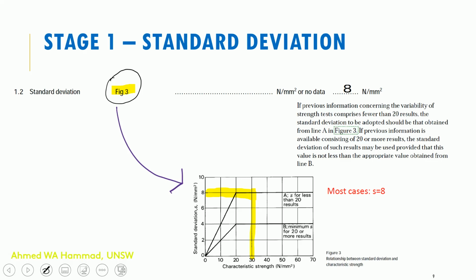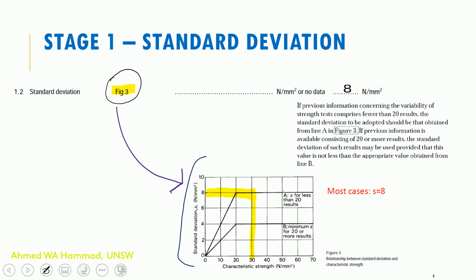And the guide says that you have to look at figure 3 in order to determine the standard deviation. Now, figure 3, you have it on the screen in front of you. It's a chart and it represents two lines.